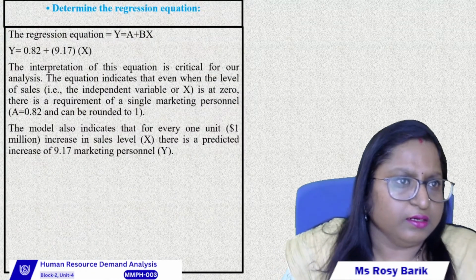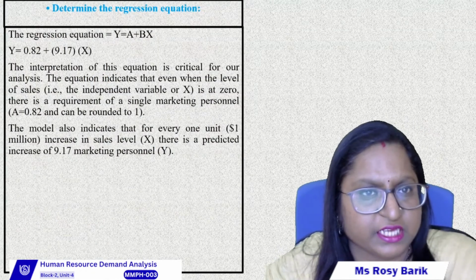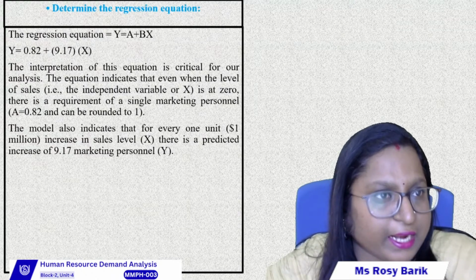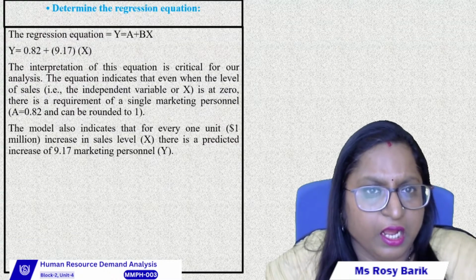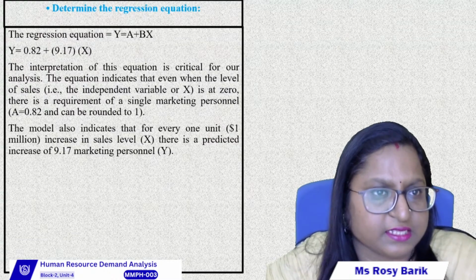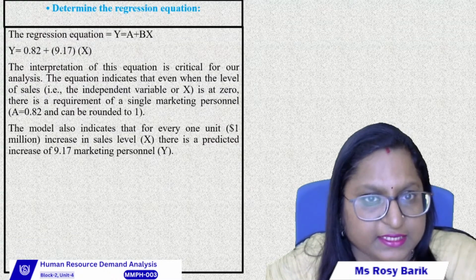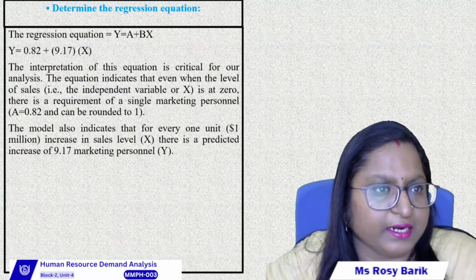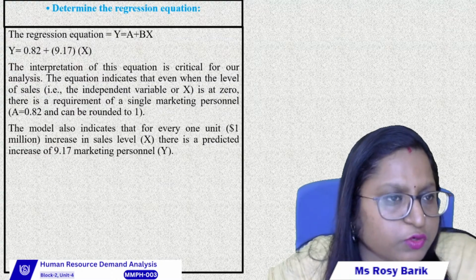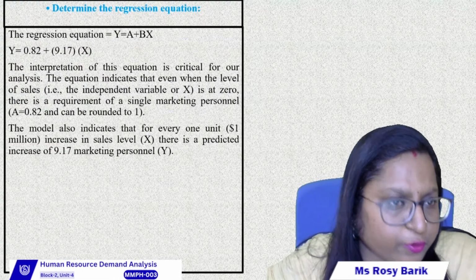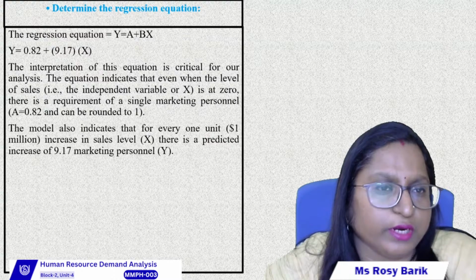The interpretation of this equation is critical for our analysis. The equation indicates that even when the level of sales, the independent variable or the x, is at 0, the requirement for marketing personnel is a, which is equal to 0.82, and it can be rounded to 1.